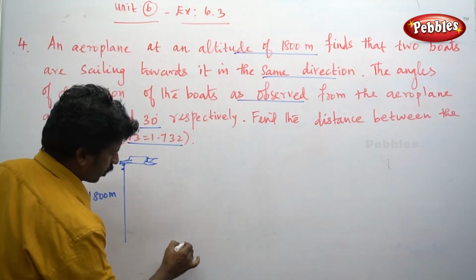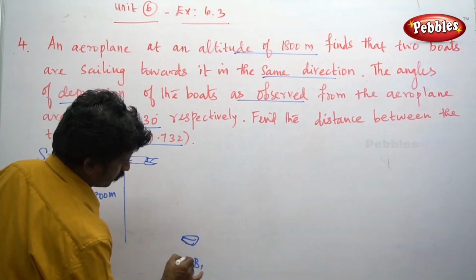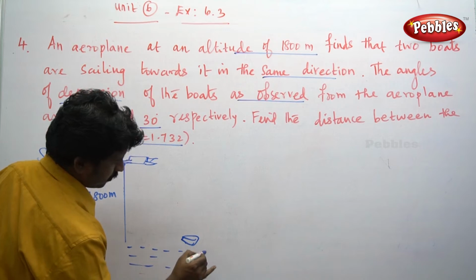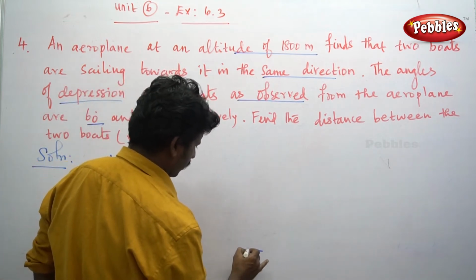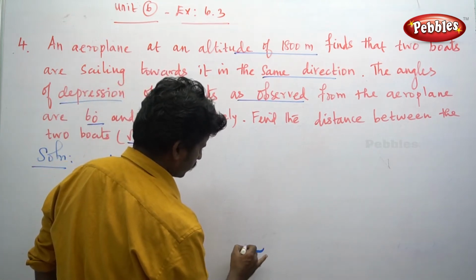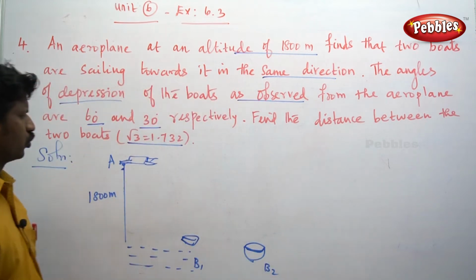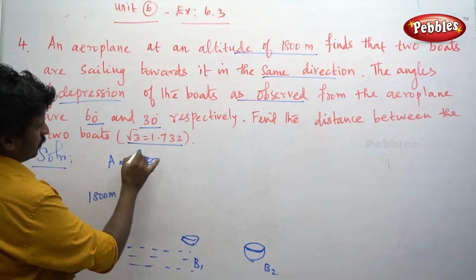இங்கே ஒரு boat இருக்கு, right? This is the boat 1, right? This is boat 1. Then இங்கே கொஞ்சம் தூரம் தள்ளி, this is another one boat, B2, boat 2. So இங்கே aeroplane பறக்குது, right?